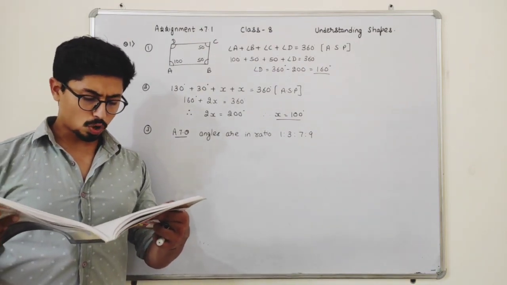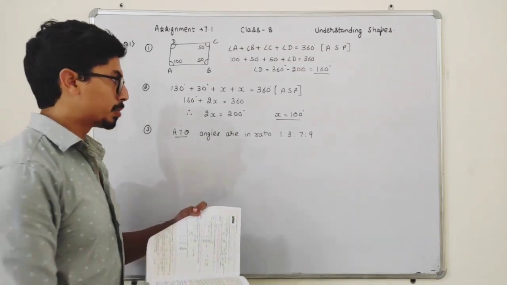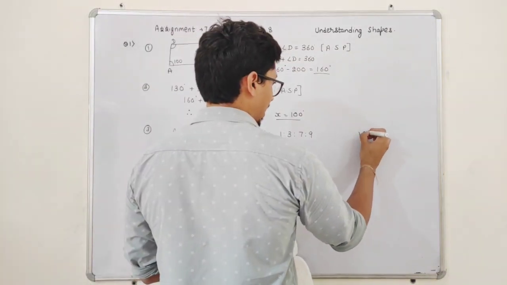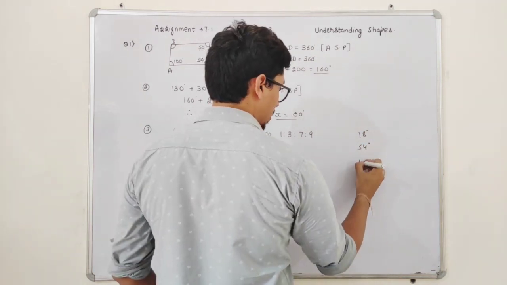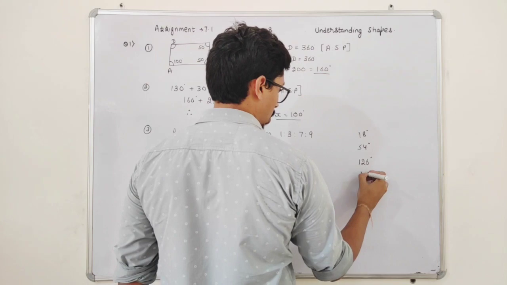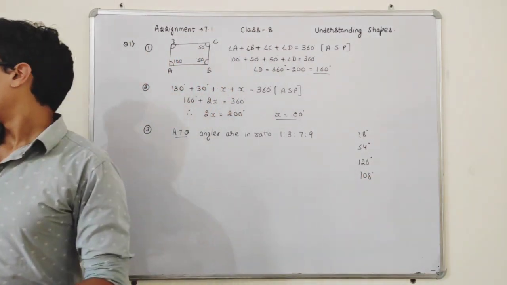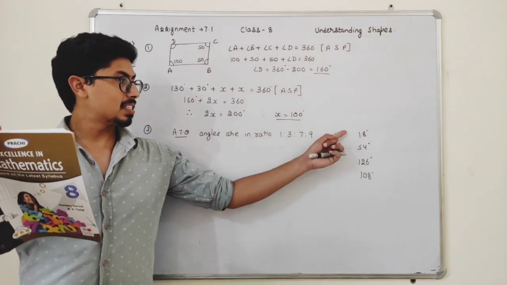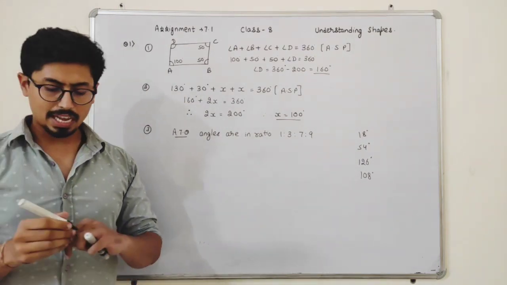Which of the following is not an angle of the quadrilateral? Options are 18 degrees, 54 degrees, 126 degrees, and 108 degrees. I have to find out which of these four is not an angle of the quadrilateral.